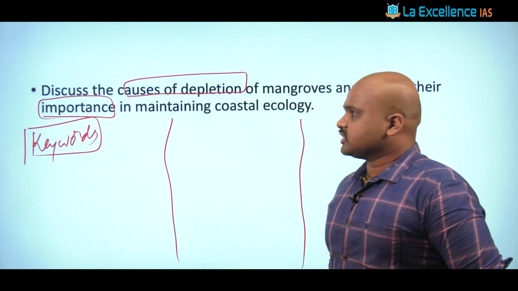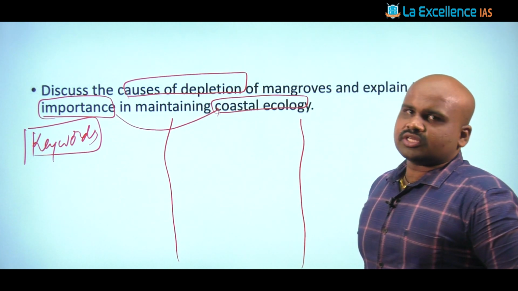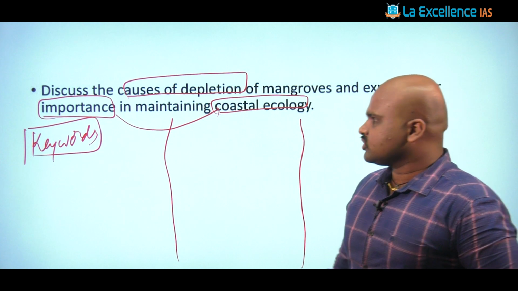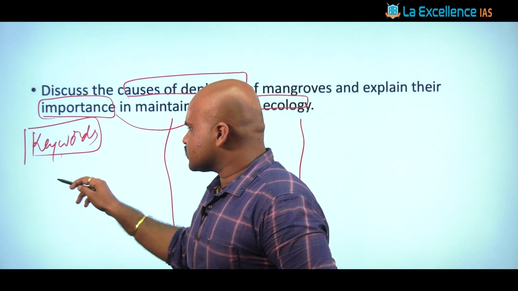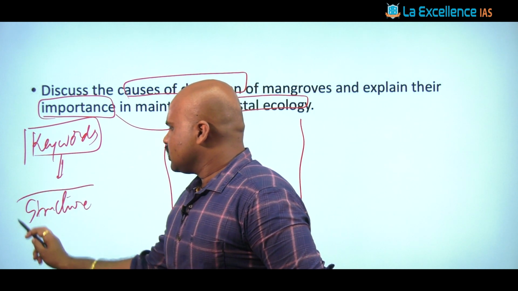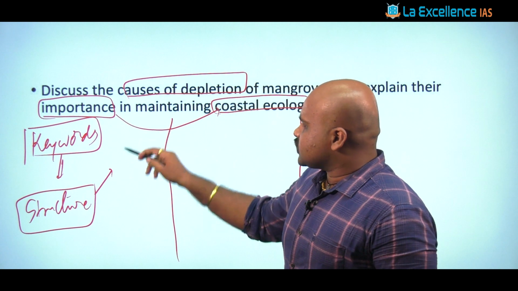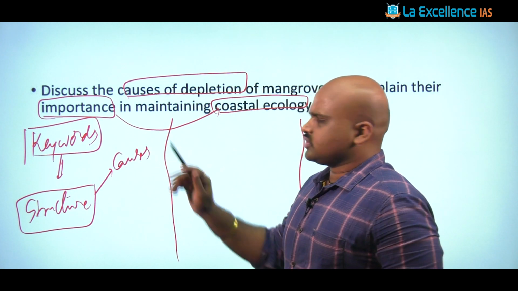Their importance in which context? In maintaining the coastal ecology. This has to be ensured. So, these are the keywords, and once we have these keywords, we know what the structure is going to be. The first part of the answer has to be about the causes of depletion.